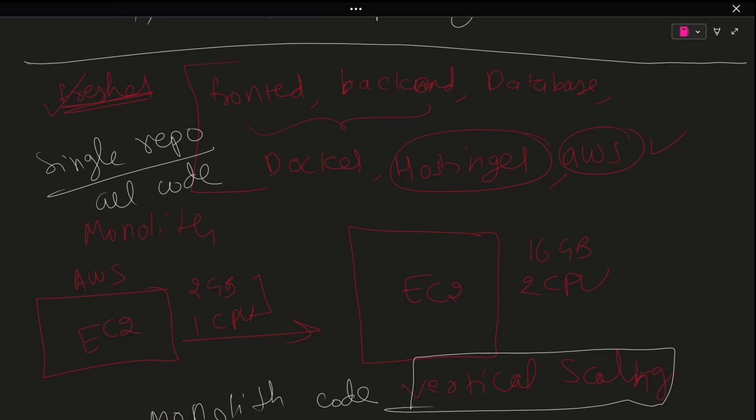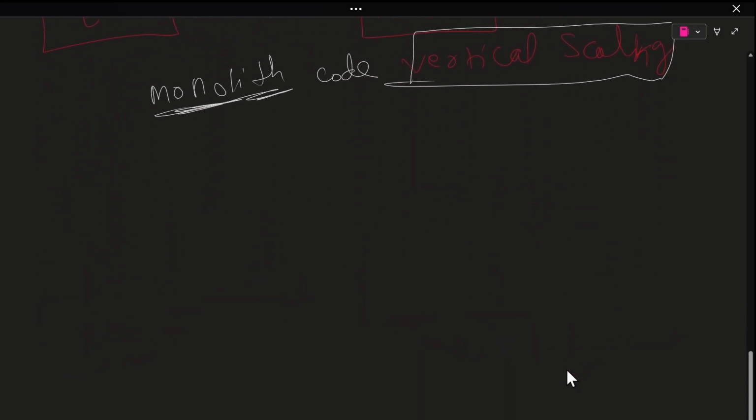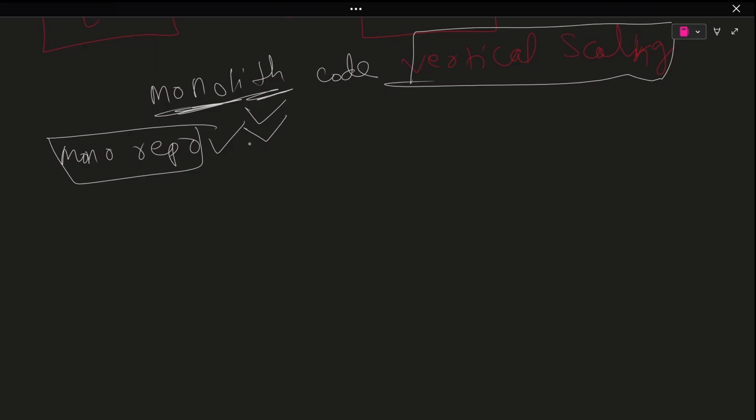Whatever repository contains all the code for your software, that is known as a monolith. Sometimes someone calls it a monorepo. So monorepo is nothing but all the code present in a single repository. I will explain with the help of a table what the use cases are and what you can achieve with this. Okay. And the next one is microservices.